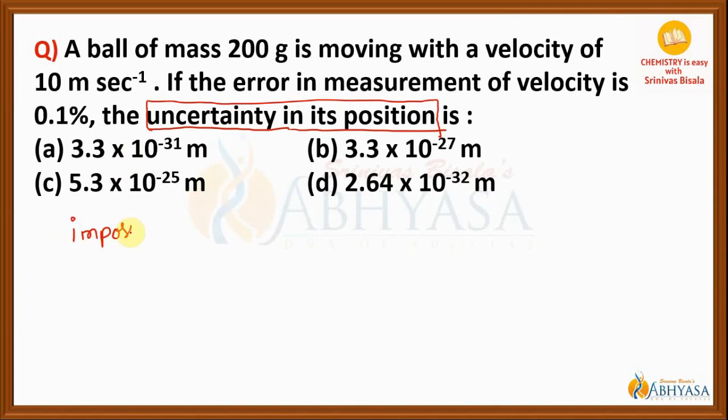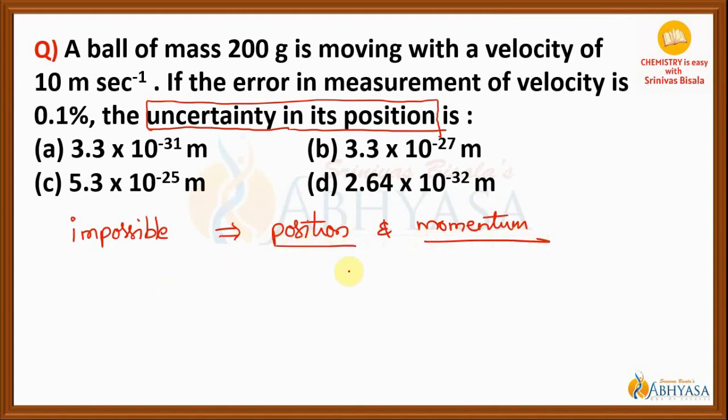According to it, it is impossible to find out simultaneously and accurately the position as well as the momentum of a subatomic particle like an electron in an atom. I repeat, it is impossible to find out simultaneously and accurately the position and momentum of a subatomic particle like an electron in an atom.